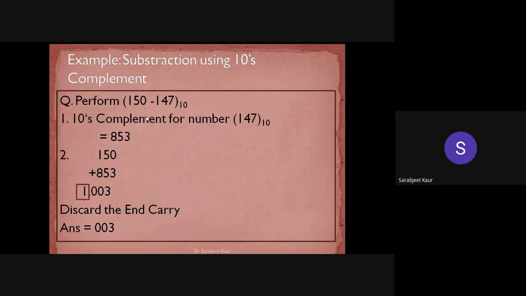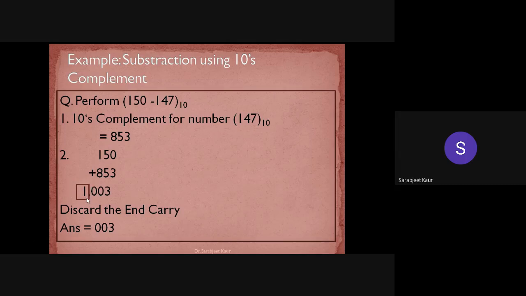If this is a 3-digit number and the sum is also 3 digits, then there is no end carry. But if there is an extra fourth digit produced in the leftmost position, a carry out of the last position, then that is known as the end carry.